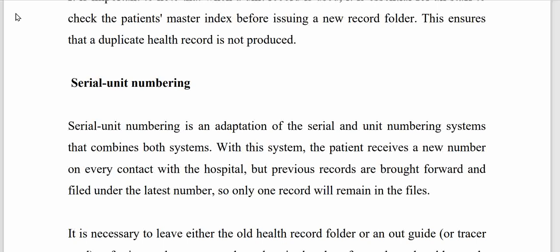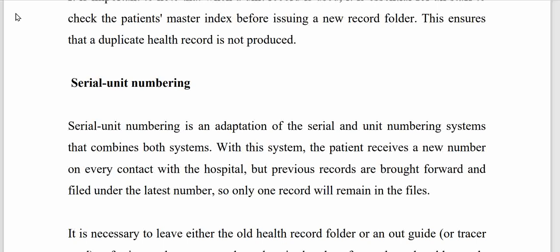together. So the serial, what did we say about the serial? We say that the serial numbering system is a unique number assigned to a patient in every visit, regardless of how many times that person attends the facility.